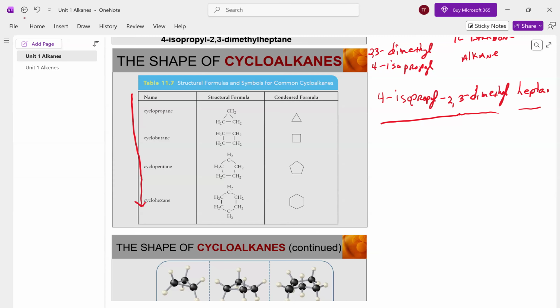Okay. The 6-membered ring is the most stable. The 3-membered ring is very, very unstable, meaning that it won't sit around long in the jar. It'll want to react. Where the cyclohexane, 6-membered ring, is very stable. They'll sit there forever.